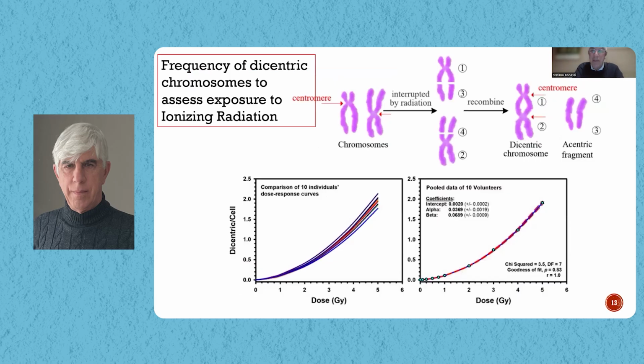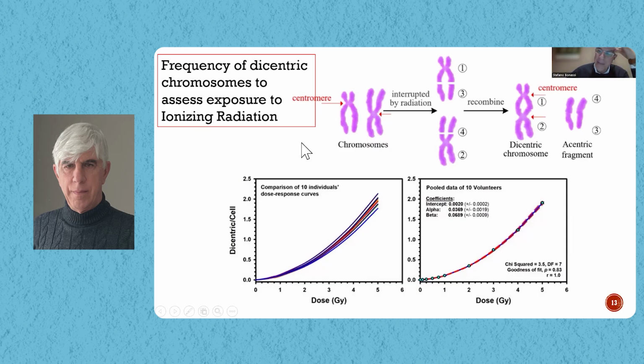However, when we think about biomarkers of effect, I'll give you a couple of examples. The best example of a biomarker is when we have a specific damage reflecting the specific exposure, and then we can have dose response curves. This is the case of dicentric chromosomes in people exposed to ionizing radiation.